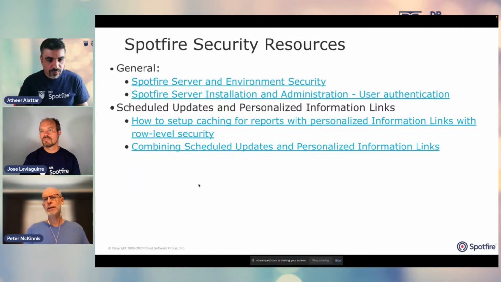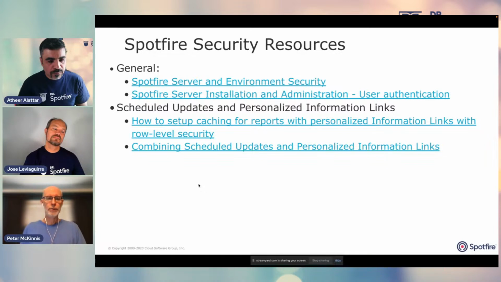Concurrent updates. If you're talking about the concurrent updates for the scheduled updates, that determines how many scheduled updates can run at one time. So you would have to set that. I think the default is 2, which might be low, but you also want to be aware that the rest of your system can handle that. The rest of the environment is the Spotfire server, but also the data source.